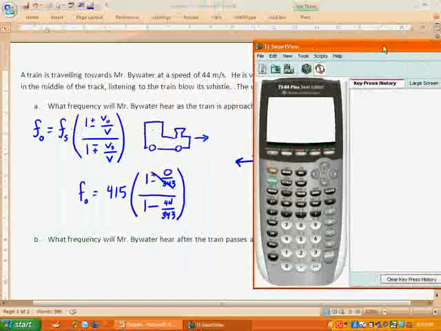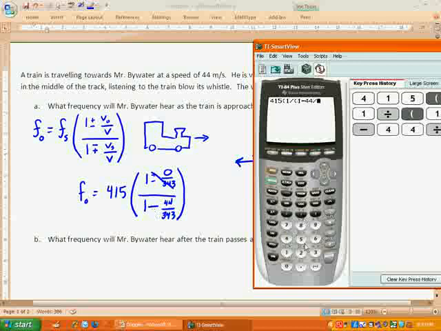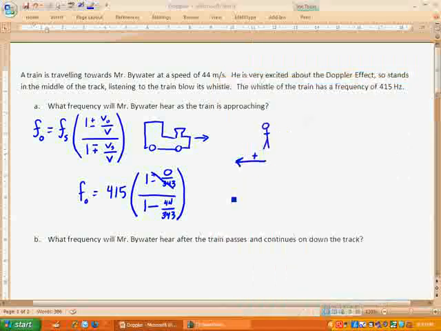And so we're going to type in 415 times 1 over, now the stuff on the bottom I'm going to put in parentheses because I've got a subtraction there. So 1 over 1 minus 44 over 343. And so close both sets of parentheses, and I get 476 Hertz. So the frequency heard by the observer is 476 Hertz.